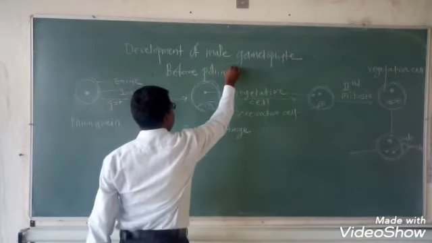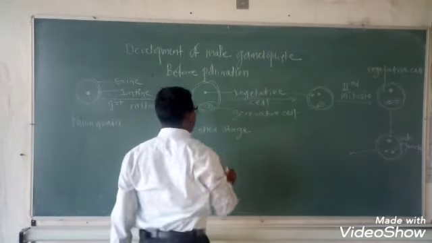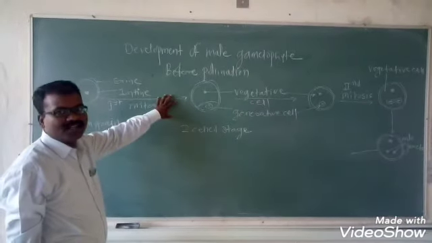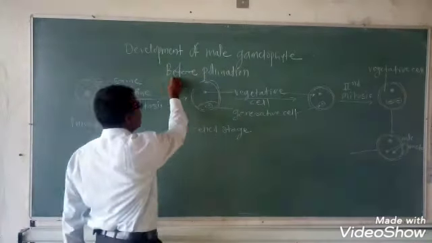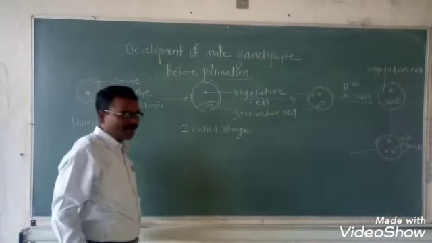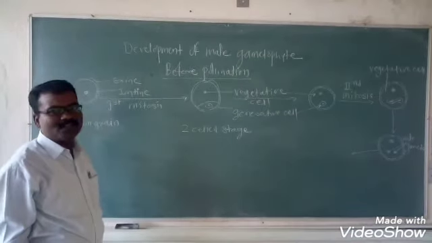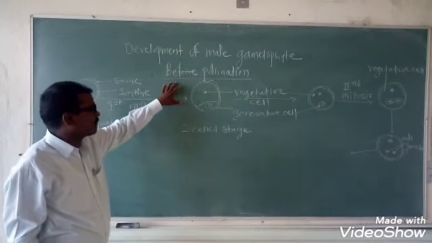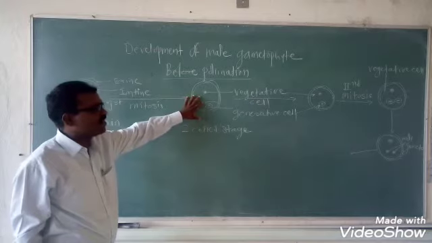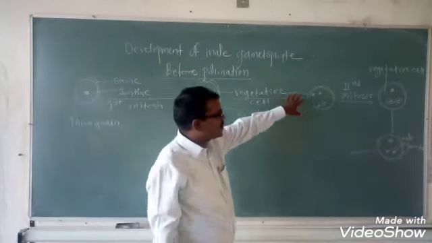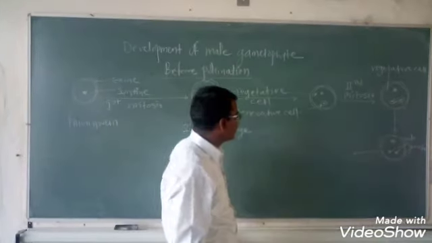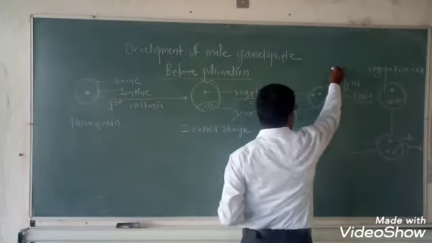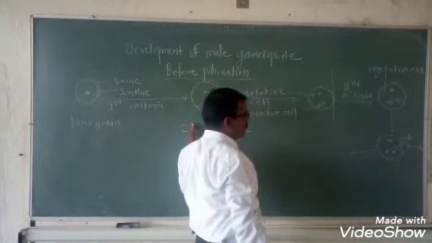Before pollination means when the pollen grain is inside the pollen sac or anther, before the release of the anther. This is at the two-celled stage. At the two-celled stage, it gets pollinated. Up to this two-celled stage is before pollination.